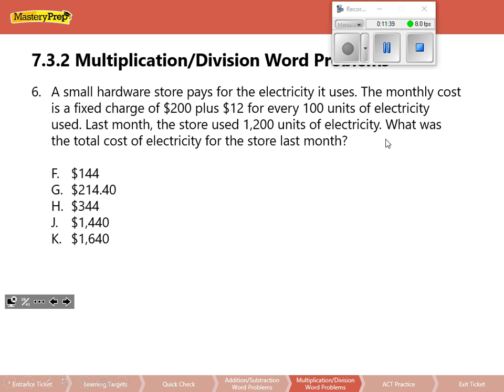Well, what is the fixed charge? $200. So the cost for using electricity is going to be no less than what? Can't be 144 because that's less than the actual charging price that we started with.